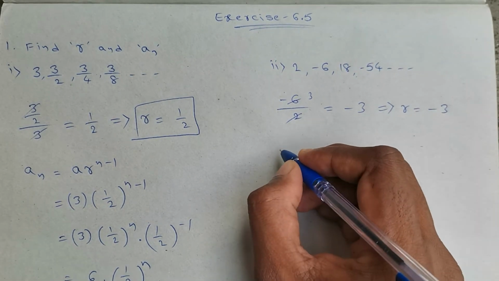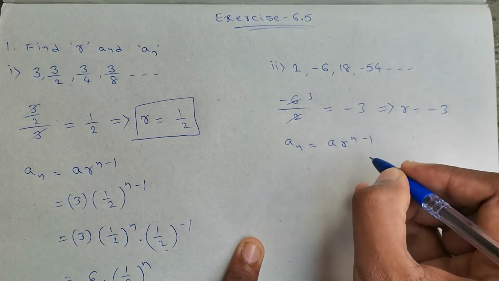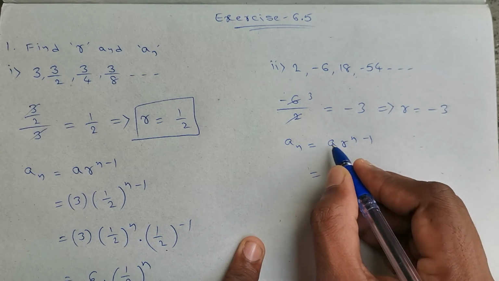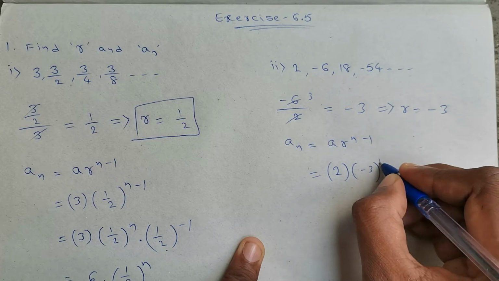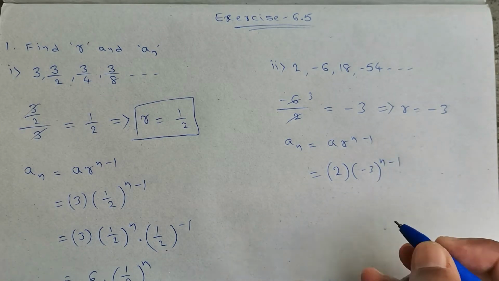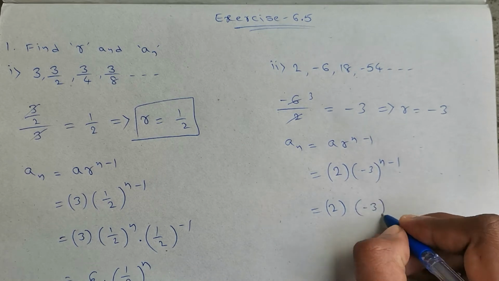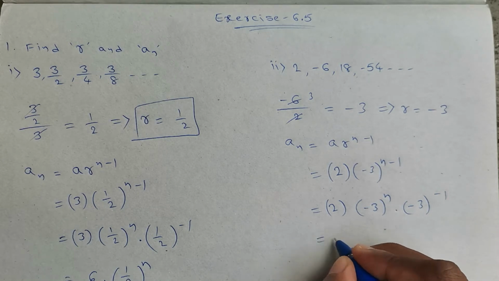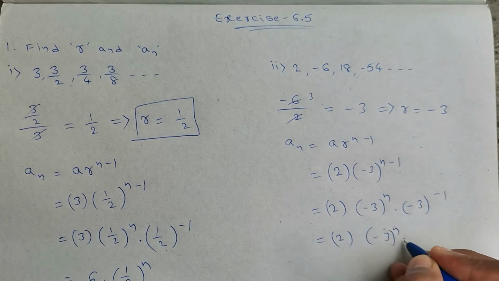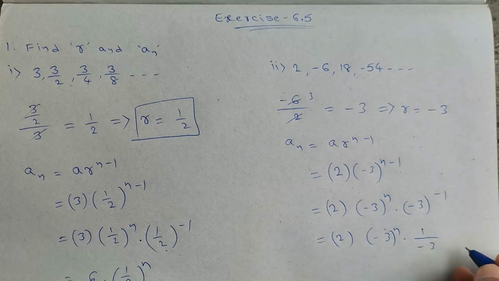Now the nth term we need to find out. a_n is equal to a into r power n minus 1. Here a is nothing but the first term 2, into r, the common ratio minus 3, whole power n minus 1. Now 2 into minus 3 power n minus 1 can be written as minus 3 power n into minus 3 power minus 1, which is equal to 2 into minus 3 power n into, here minus 3 power minus 1, here the power is negative, so we can write it in reciprocal form as 1 by minus 3.